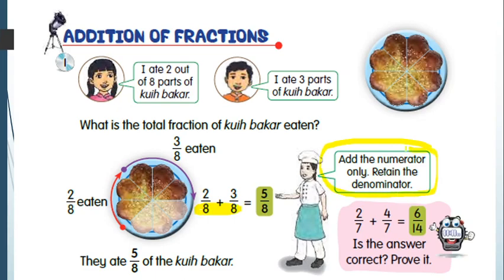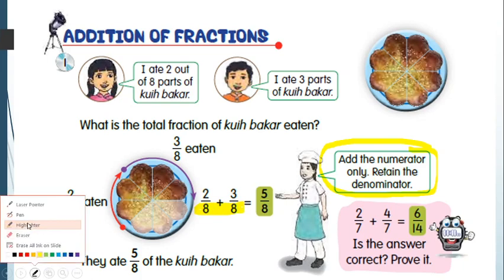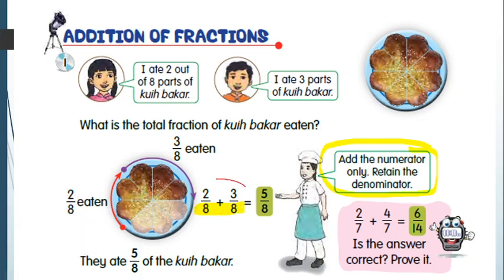The information given here is add the numerator only, retain the denominator. When you want to add fraction involving the same denominator like this one, you just add the numerator, the number above here. 2 plus 3 equal to 5. This one is the same. Do not change it, right? So this is a quick introduction.